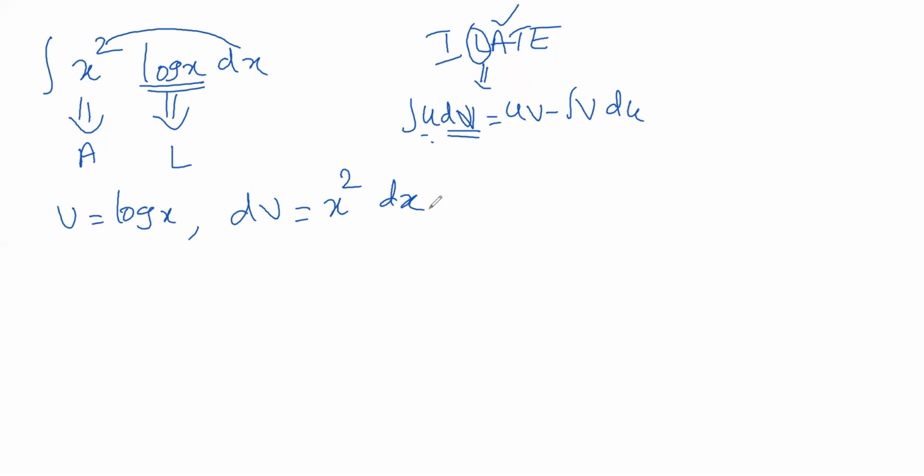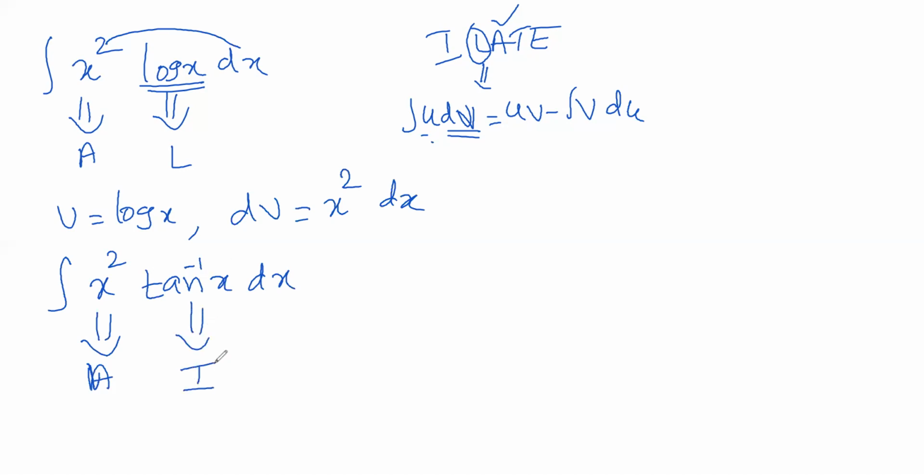Okay, we'll go for some other example for choosing a proper u. Take x squared tan inverse x dx. Now x squared comes under the category algebraic, and tan inverse x comes under the category inverse trigonometric function.